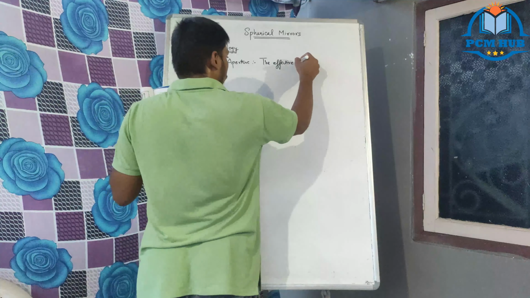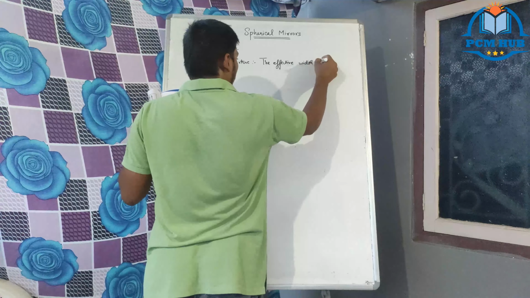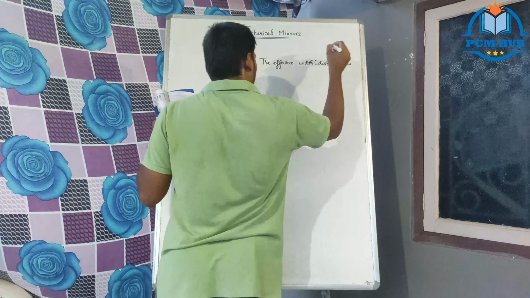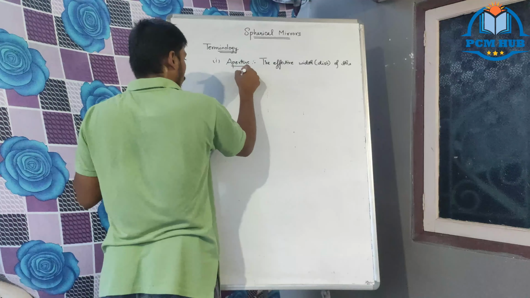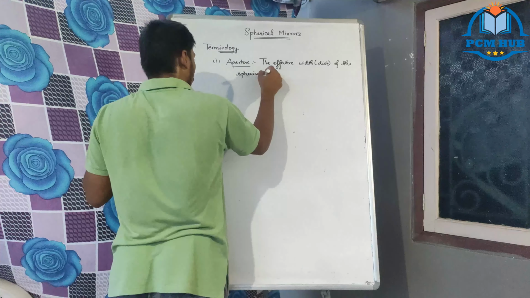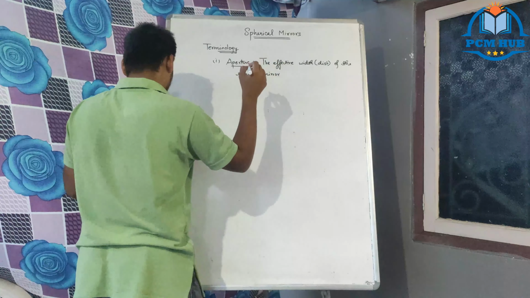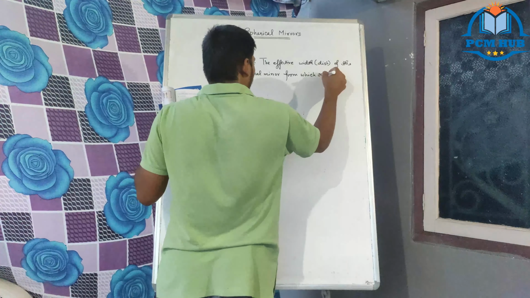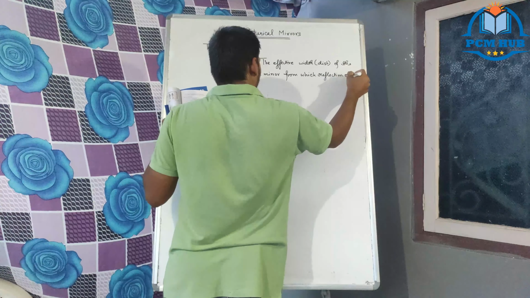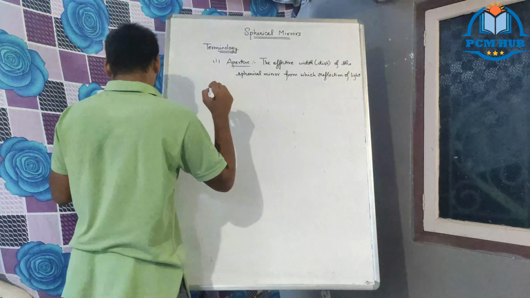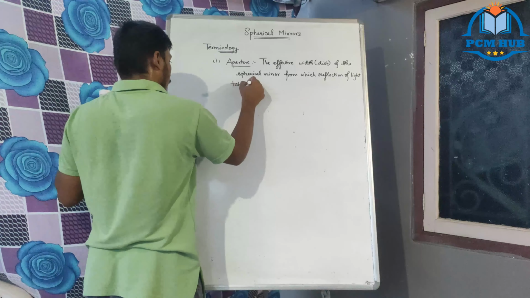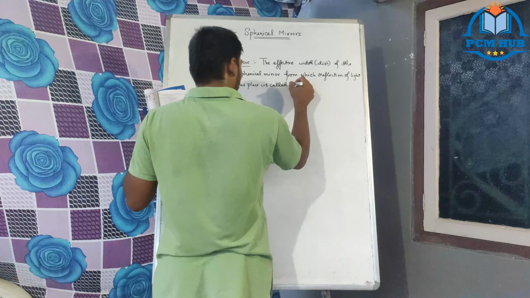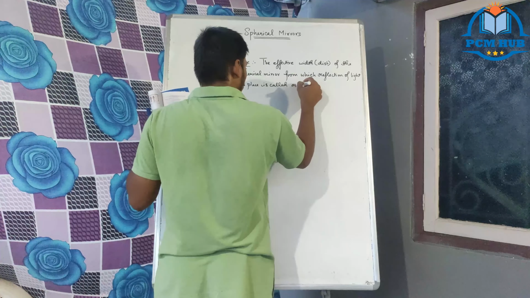The effective width or distance of the spherical mirror from which reflection of light takes place is called as aperture.